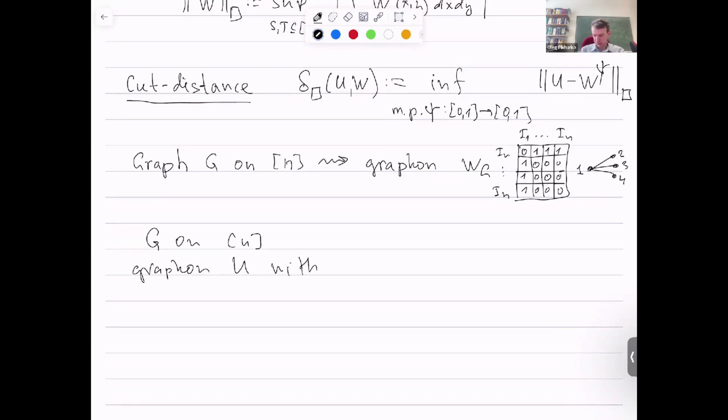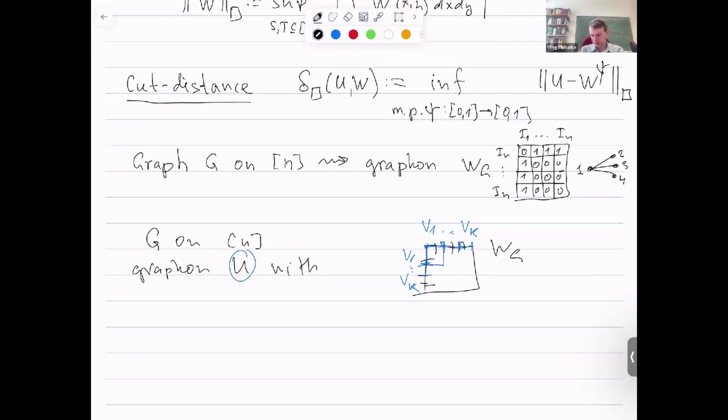Inside U, suppose I can group the vertices into sets, usually a much smaller number, which I call V1 to Vk, such that I can make U constant on each square, and it approximates W of G very well.